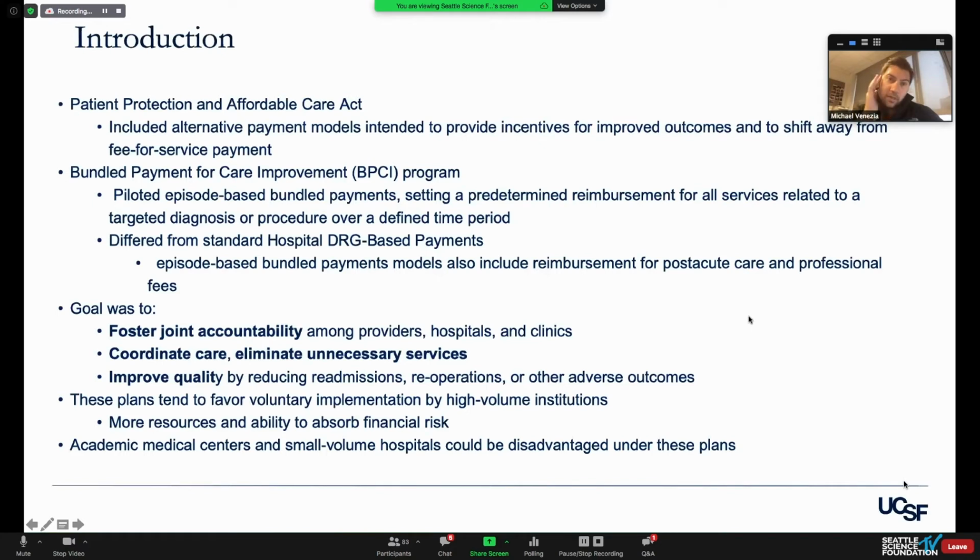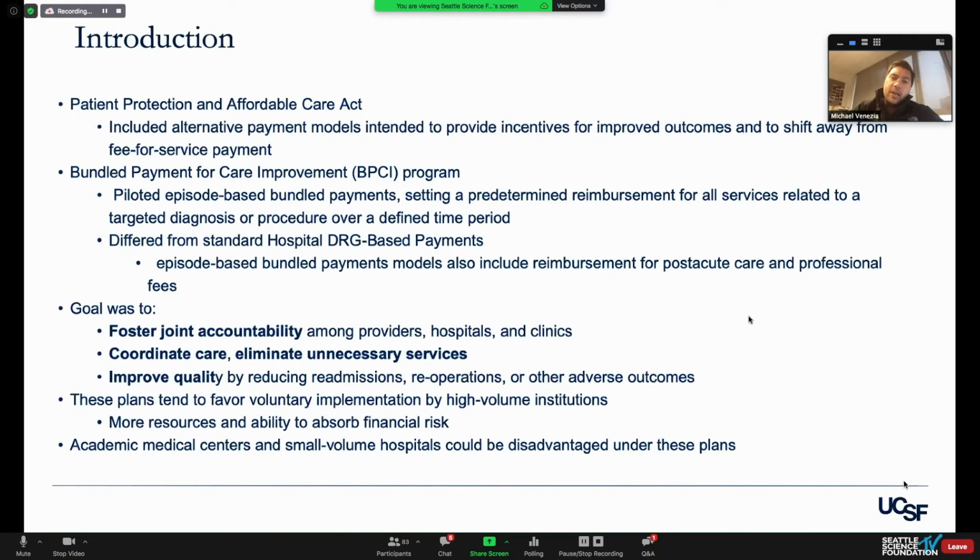So as a bit of an introduction, as we're all aware, the Affordable Care Act was instituted in 2010, and this included alternative payment models, one of those being the bundled payment, the BPCI program. This was a piloted episode-based program that bundled payments, setting a predetermined reimbursement for all services related to a specific targeted diagnosis.